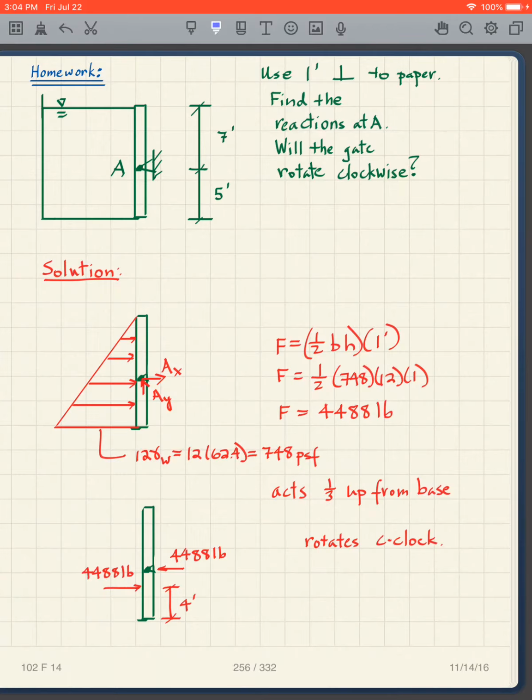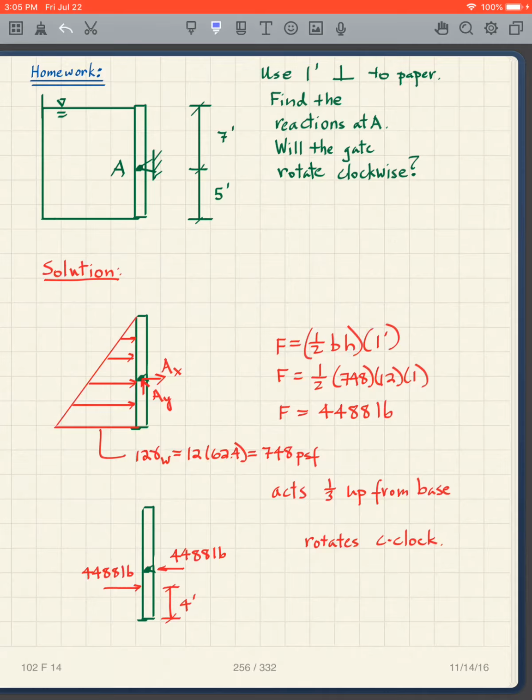Okay, so in some ways it's very similar to the very first problem we did. I have 0 at the top, I have 12 times gamma W at the bottom, which is 12 times 62.4, 748. And again, I have a triangle here, which means I have to use 1/2 the base times the height. It says use 1 foot perpendicular to the paper, so it's 1/2 the base times the height times 1.